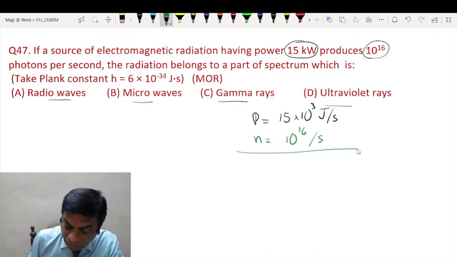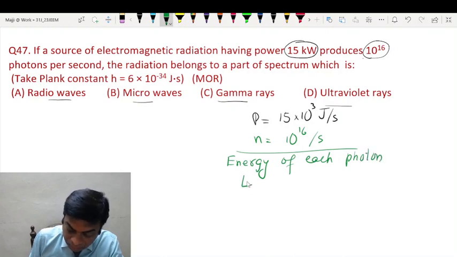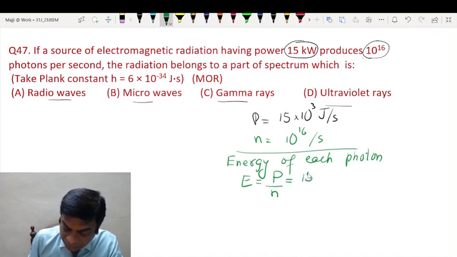So we can find the energy corresponding to each photon. Energy of each photon is equal to P by N, that is 15 into 10 to the power 3 upon 10 to the power 16.